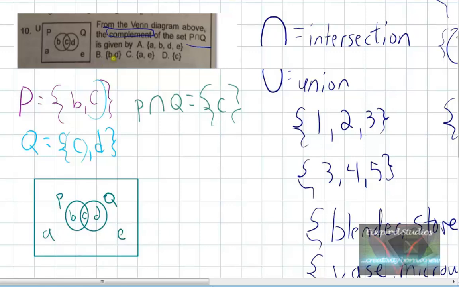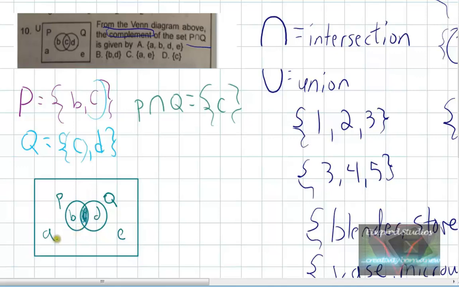So we already decided that the set of P intersection Q is only C. So this is the first thing that we're interested in. And then it says, from the diagram, the complement of this set. So what completes this picture to complete the rest of this rectangle? What else do we have to include? Well, we have to include B and D, because that fills up part of the rest of the rectangle, right?